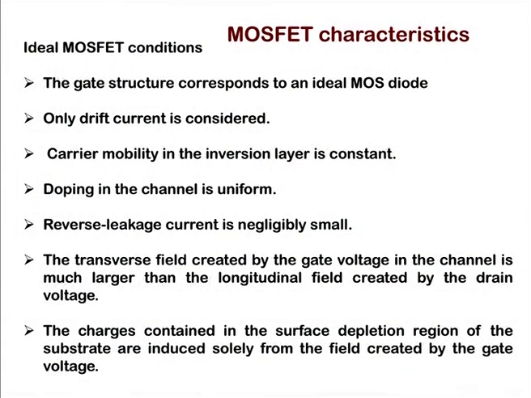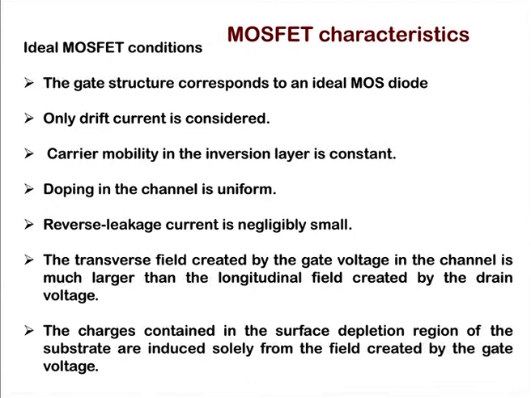Now we will come to the MOSFET characteristics, how our output characteristic depends on the gate voltage. Here we will derive the relationship between output current ID, VD and VG. We will consider the ideal MOSFET.